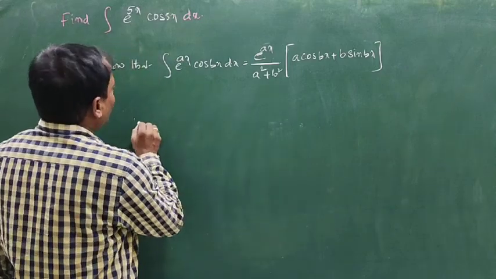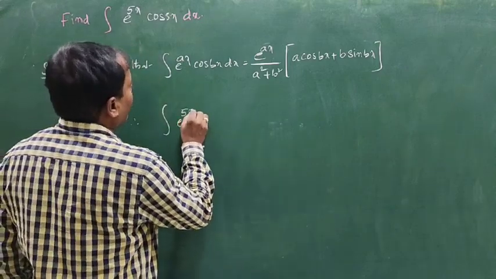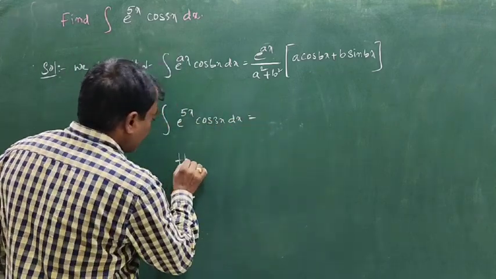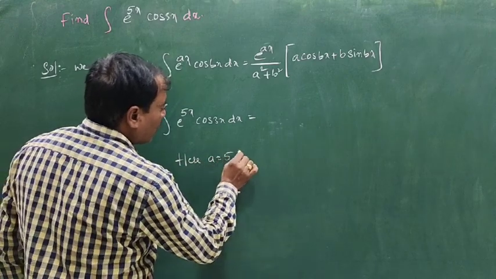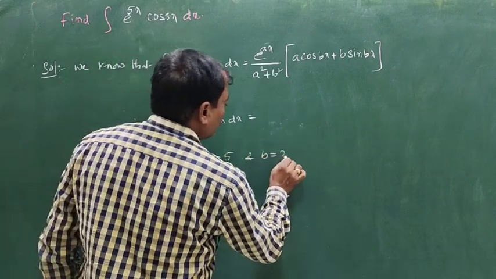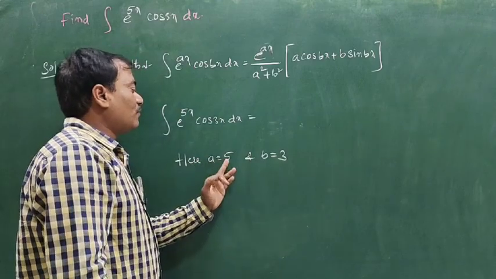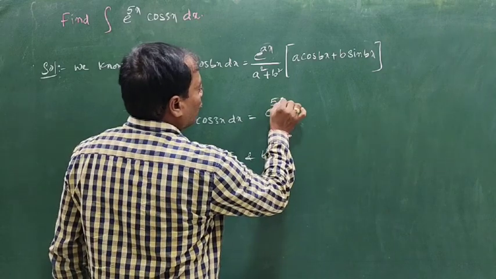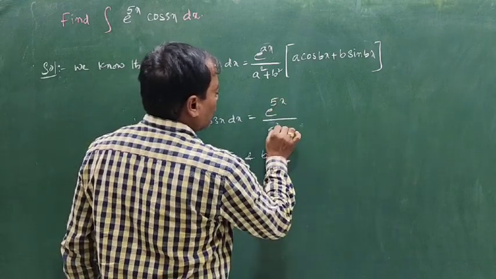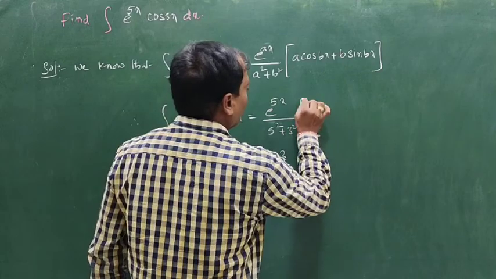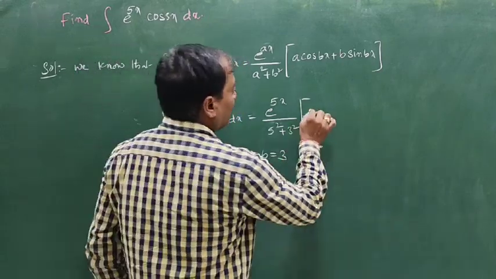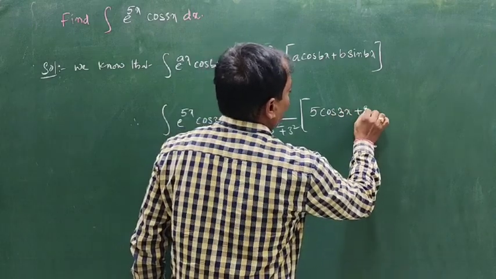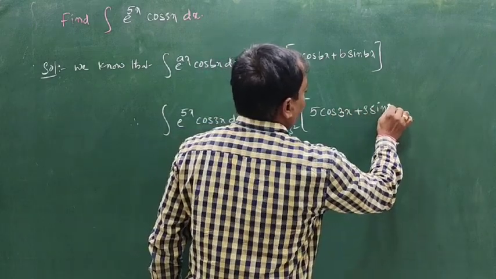Therefore, the integral of e to the power of 5x cos 3x dx equals, here a equals 5 and b equals 3. We substitute a equals 5 and b equals 3 on the right-hand side. So e to the power of 5x by 5 square plus 3 square, times 5 cos 3x plus 3 sin 3x.